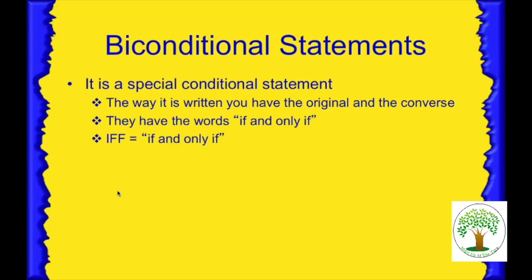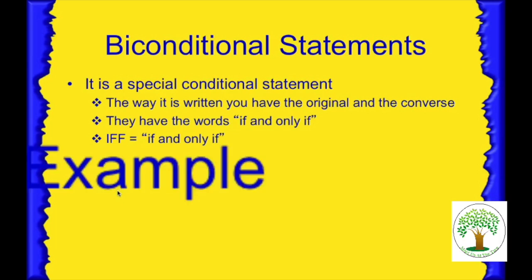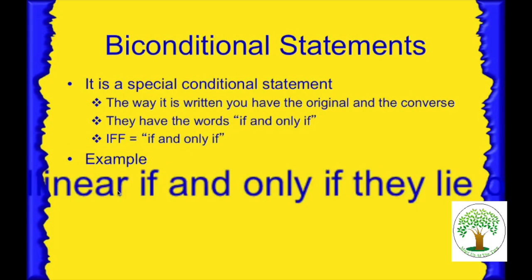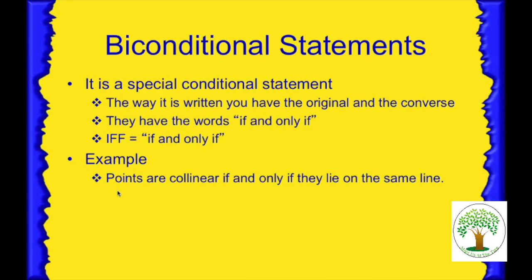Let's do one. Oh, there's the IFF and there's the "if and only if." Here's an example, okay? Points are collinear if and only if they lie on the same line. This is two statements wrapped up in one. This is: if points are collinear, then they lie on the same line. And the converse: if points lie on the same line, then they're collinear.